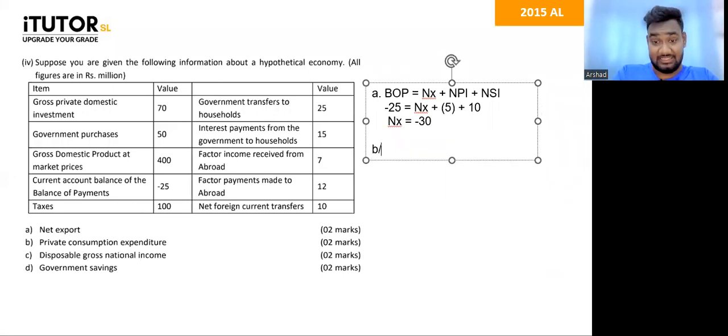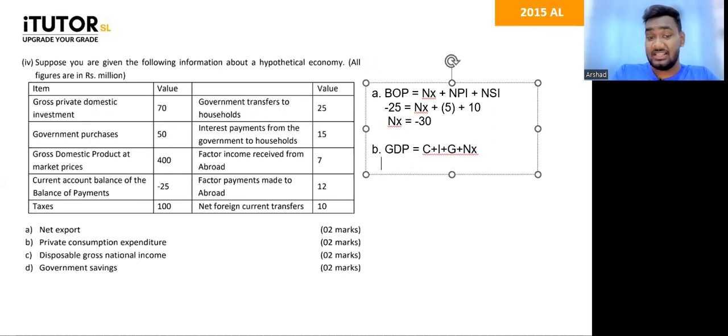Part B. Part B is asking for private consumption expenditure. How do you think I can get that? Private consumption. You can get it using the GDP expenditure approach, right? Remember, GDP is equal to private consumption plus investment plus government spending plus net exports. So GDP they have given in the question, GDP at market price 400.